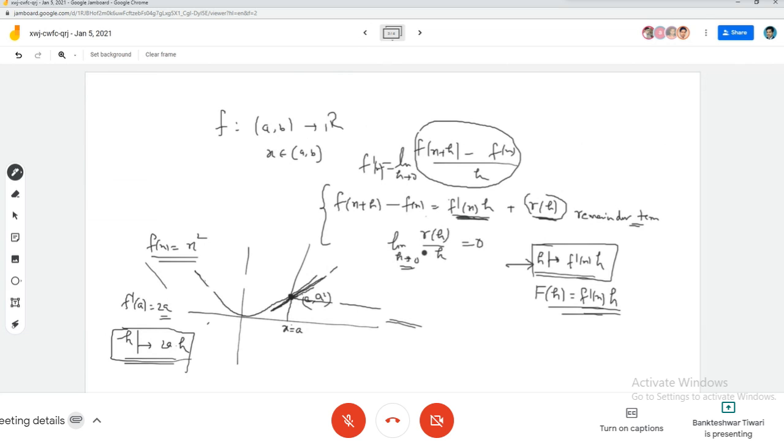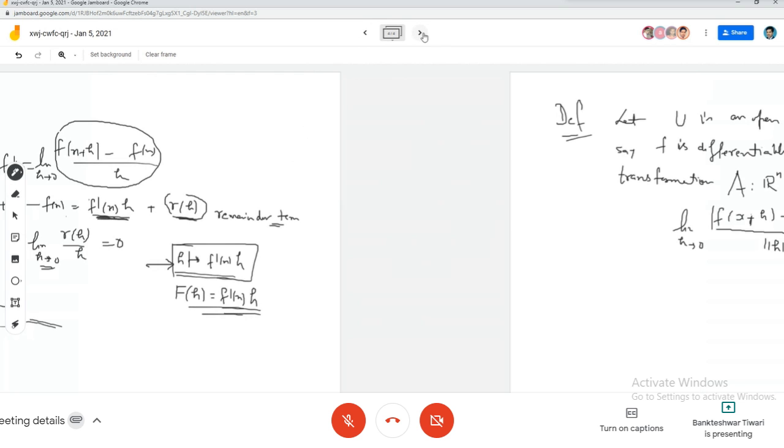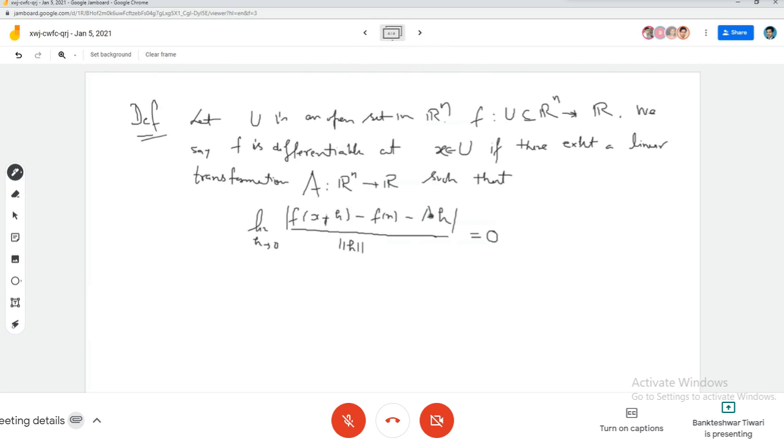So if this limit is equal to 0 when h tends to 0, you call this quantity A the differential coefficient here, and also, as a linear transformation, you may call this the derivative of the function f. So you may call this linear transformation A the derivative of the function at the point x.